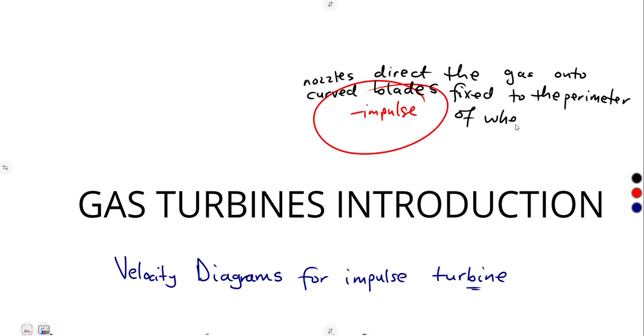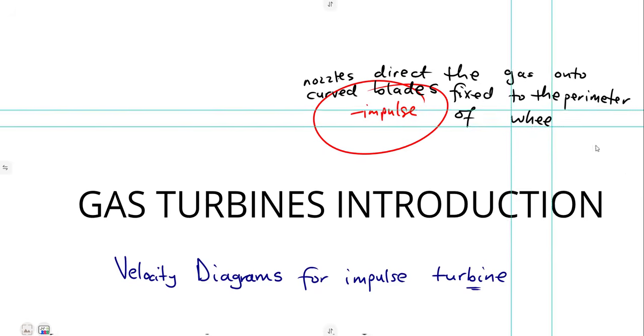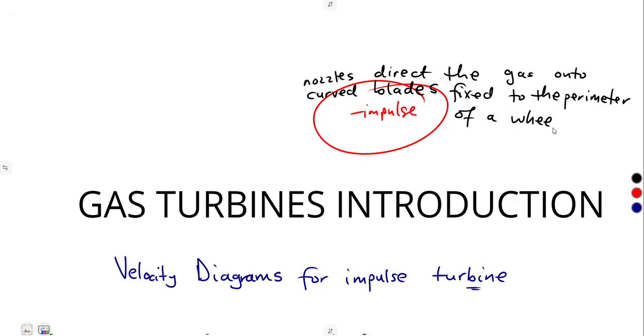This is what we had from our explanation in the previous class. We considered this as part of the impulse turbine.